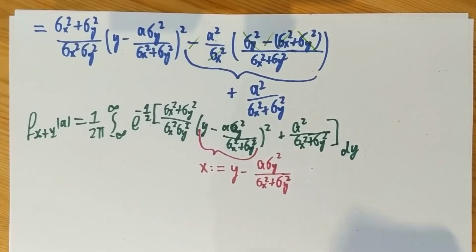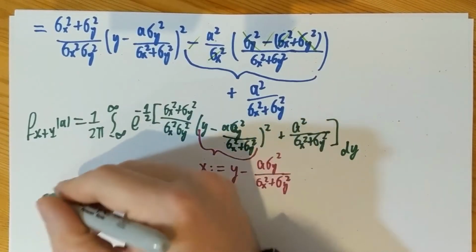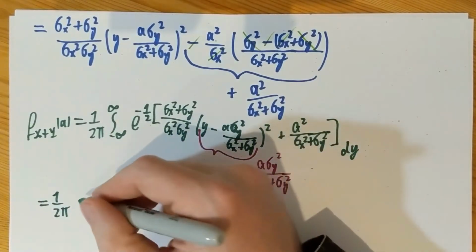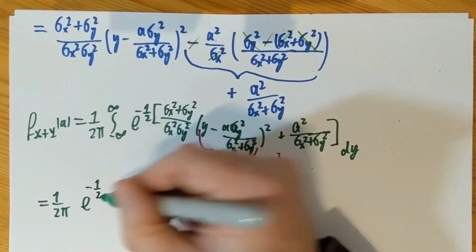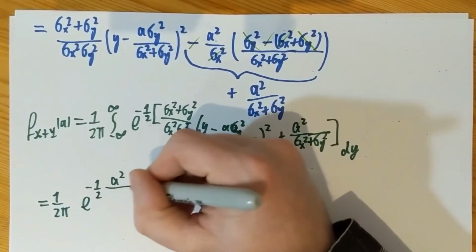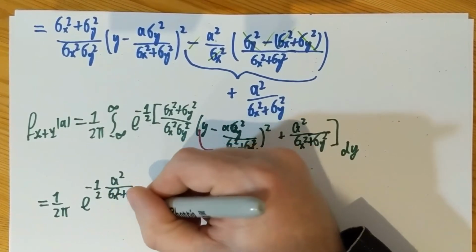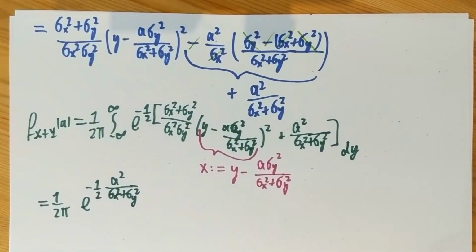And then I have 1 over 2 pi. Let's pull the constant term out, e to the minus 1/2 of a square over sigma x square plus sigma y square. So I have that term.